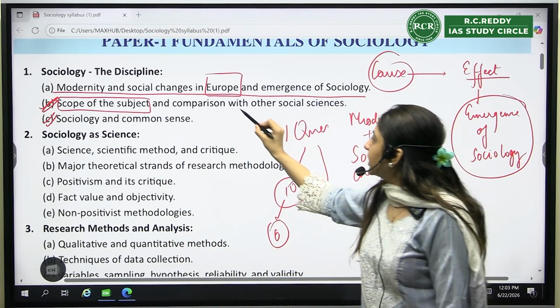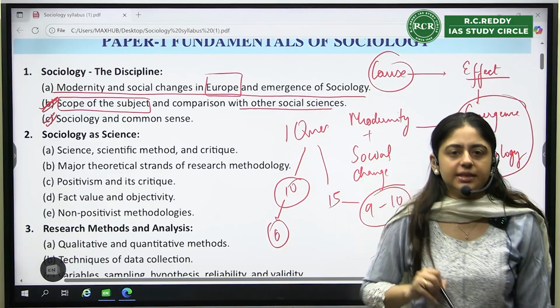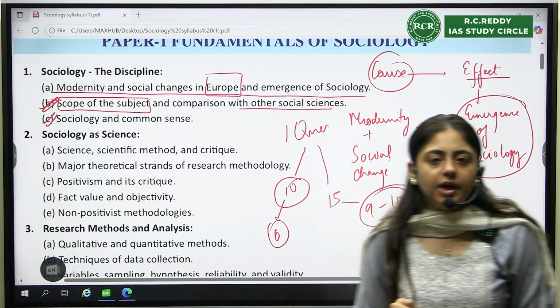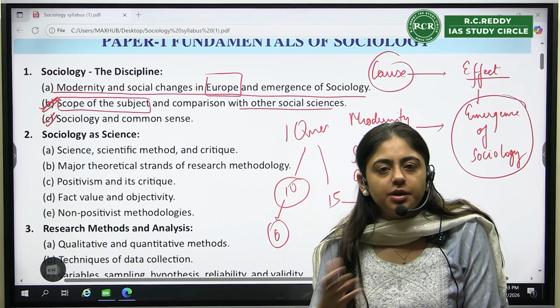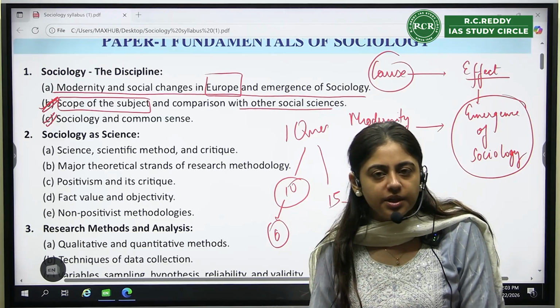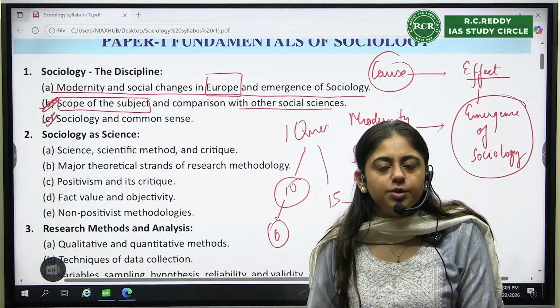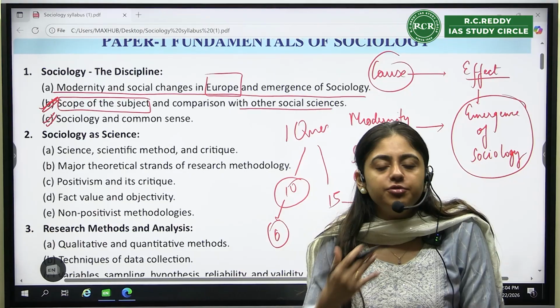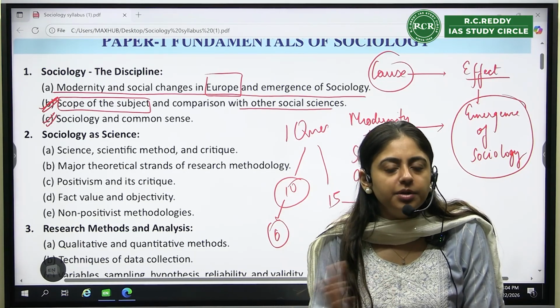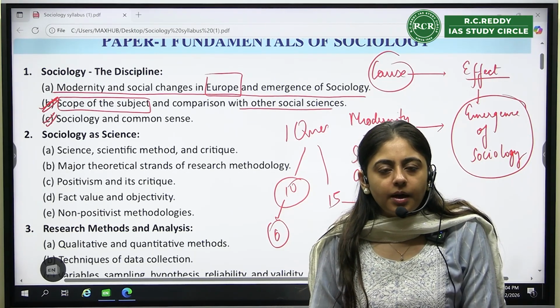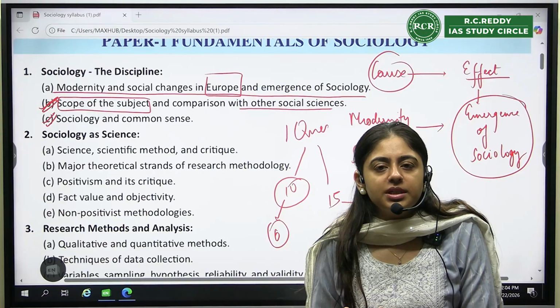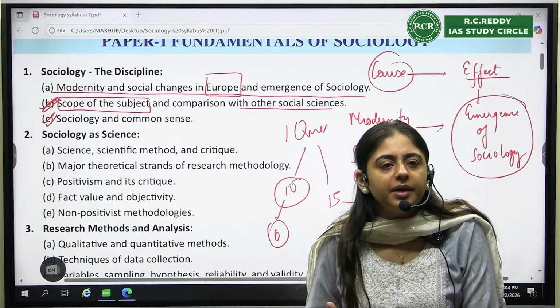But when it comes to comparison with other social sciences, here you will have to compare sociology versus economics, sociology versus history, sociology versus anthropology. You need to have full information about sociology, then only can you compare. You just know that sociology is the science of society. How will you compare it with another subject?